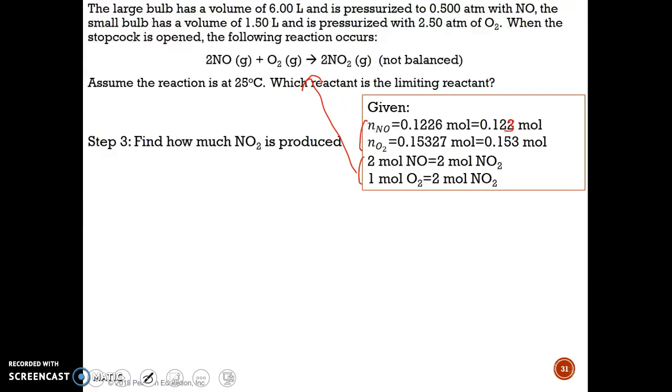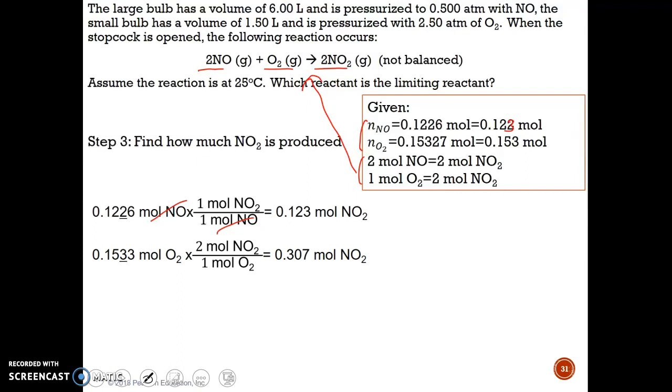We know that 2 moles of NO produces 2 moles of NO2. 1 mole of oxygen forms 2 moles of NO2. So we start with what's given. Make sure your units cancel out. So now we know how many moles of NO2 is formed from NO and from O2.